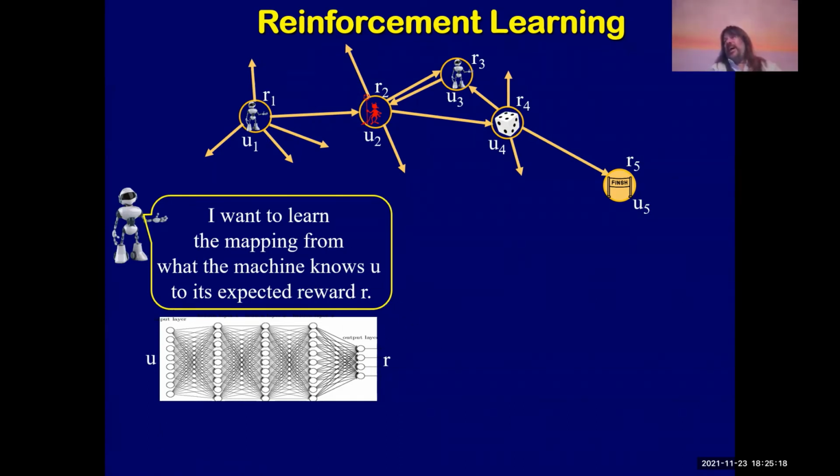And as soon as you know that, then you're a perfect player. Why? Because given the current state, you try each way to move and you evaluate it, and if you can evaluate it correctly, then you go to the one that's maximum. So the whole learning of the game boils down to this: given my current state, evaluating how good that state is. That's what we want to learn.